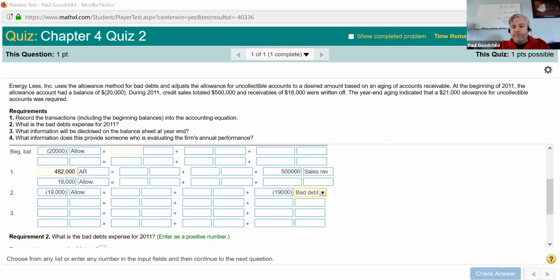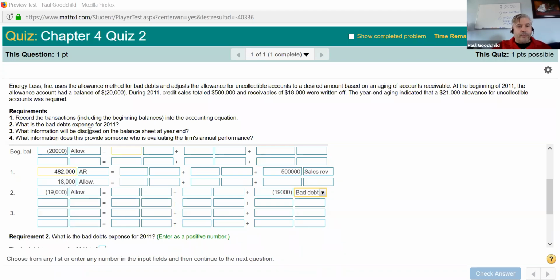And the 21,000 was a negative. So it should be minus a minus, or plus, when moved to the left side. Okay.